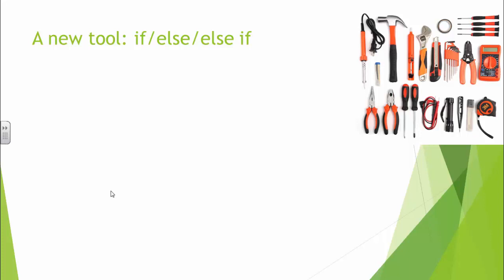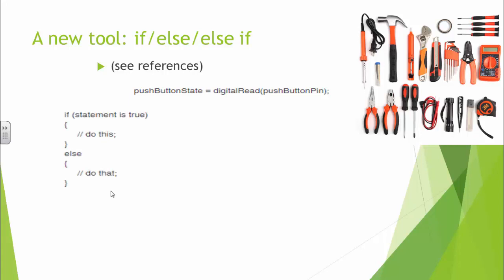Now, there's an additional tool that may be helpful to you looking forward, and that'll be quite familiar to you if you're a veteran programmer of if-else and else-if. The syntax is here. Don't forget to check the references for the exact thing.